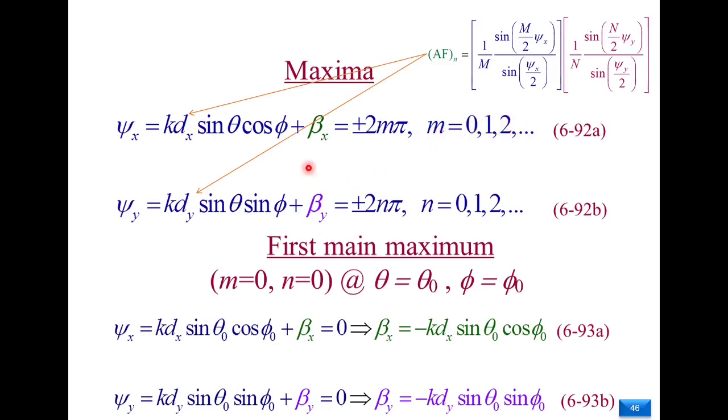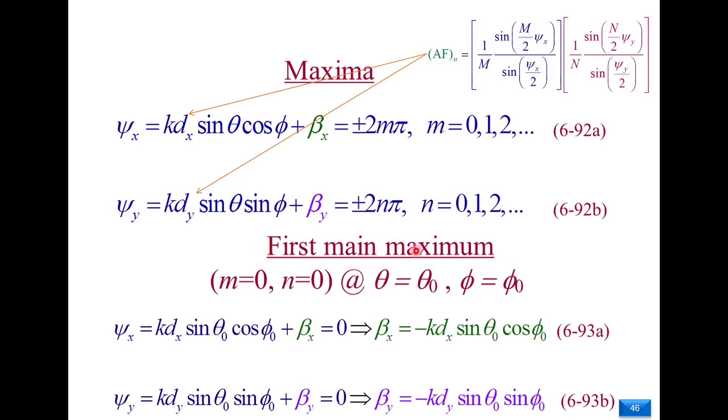In this case, this is the expression for a peak coming from this x array factor. Similar condition for a peak coming from the y array factor, and this is happening for m equals 0, 1, 2, n equals 0, 1, 2.